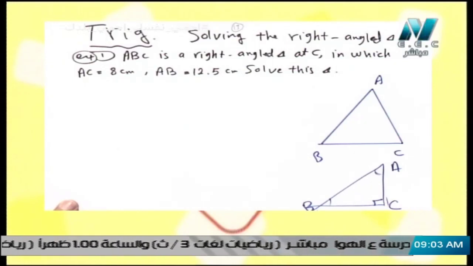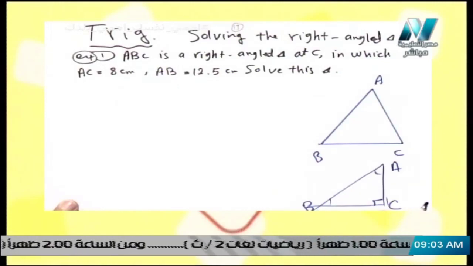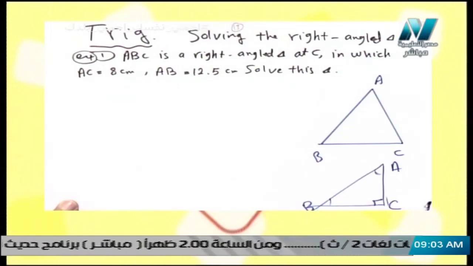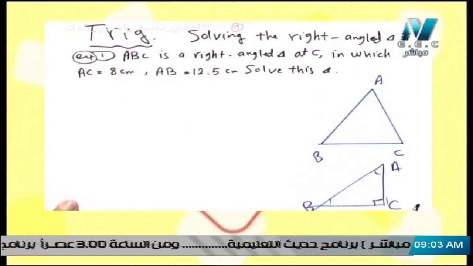Normally he gives us 2 elements plus the right angle, and we are supposed to solve the triangle and find the remaining elements.